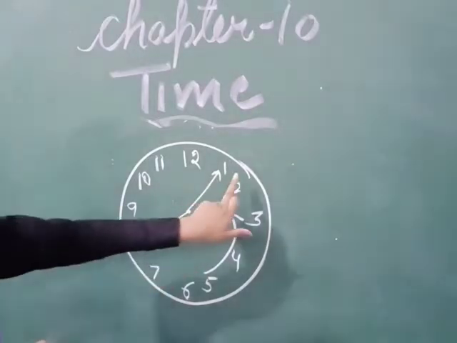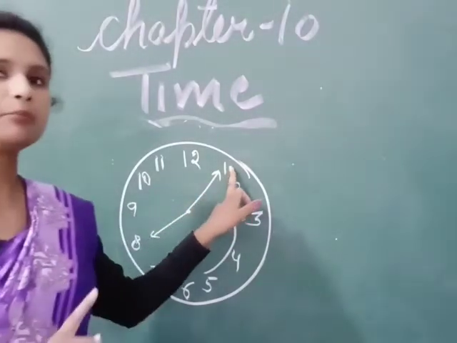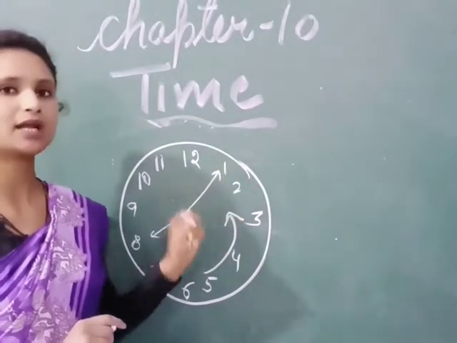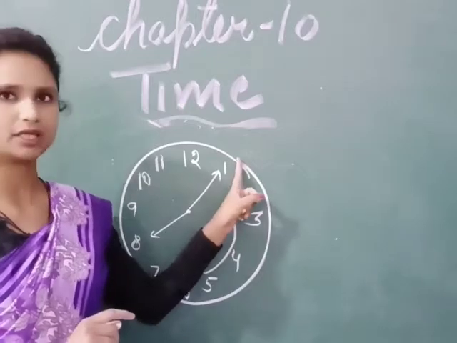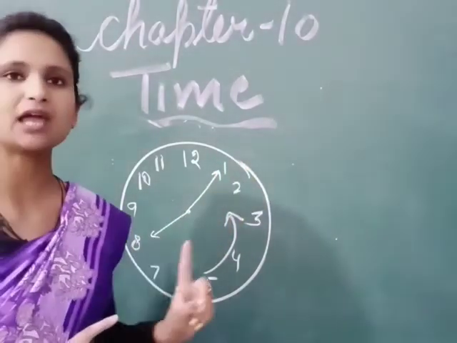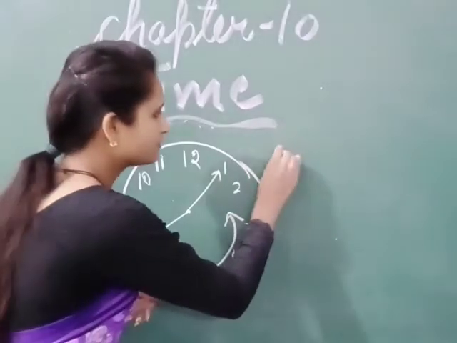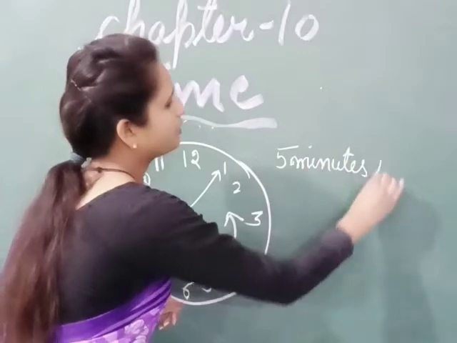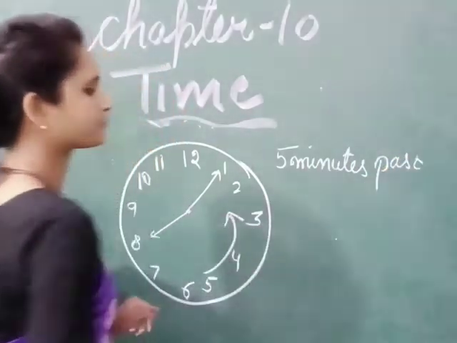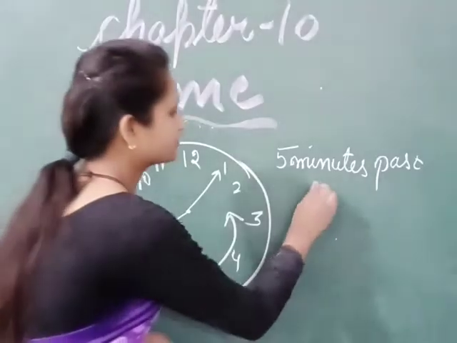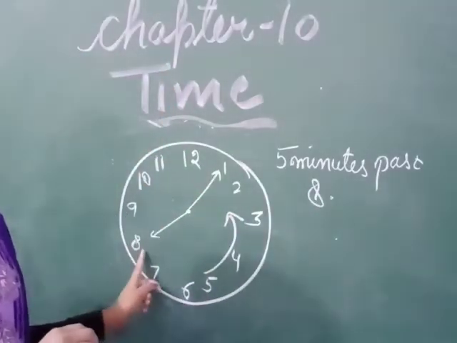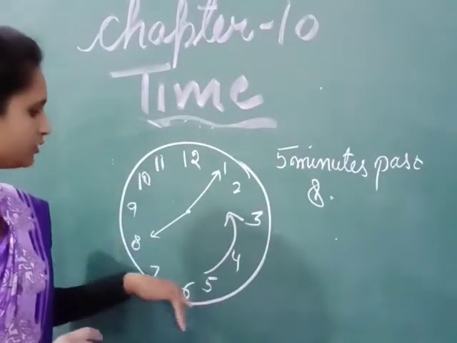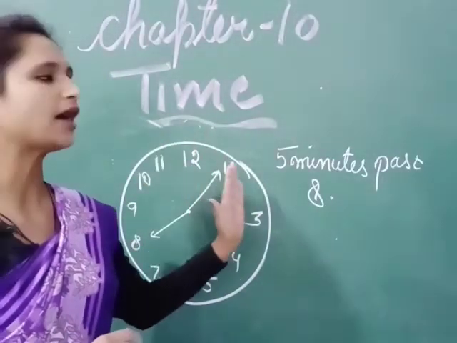So we have to use subdivisions for writing minutes. So 5 minutes, we will not say 1 minute, we will say 5 minutes. So write 5 minutes past the hour hand, 8. 5 minutes past 8.